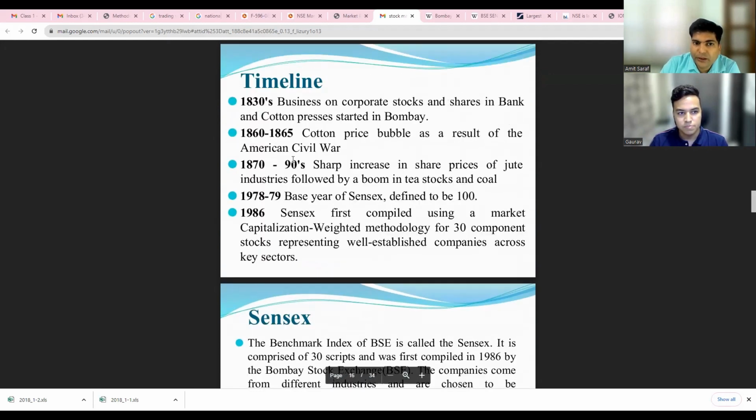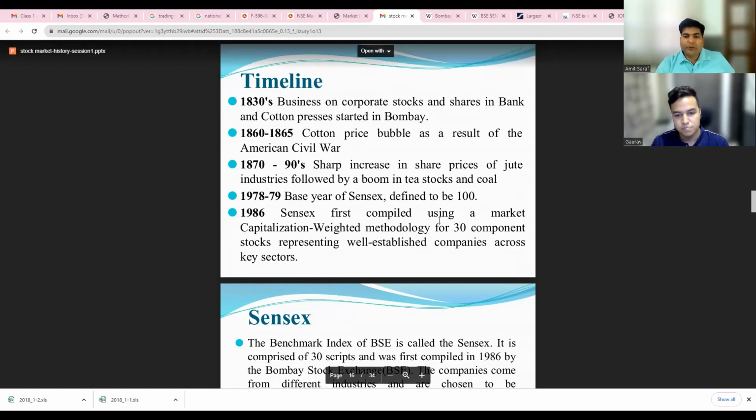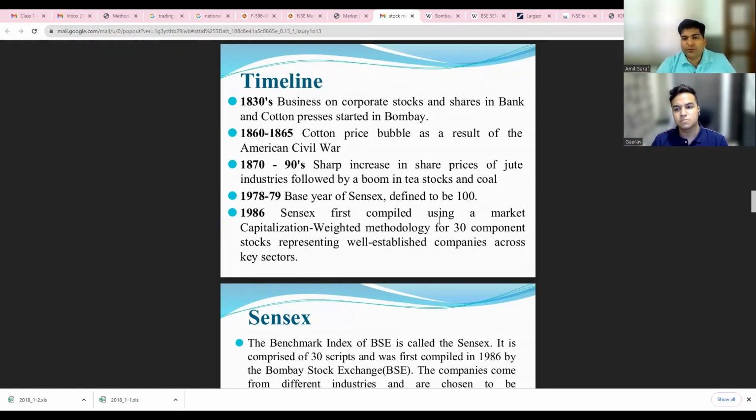See what happened. In 1986, we hear a term called Sensex. Sensex is very commonly heard, right? It was developed in 1986 with 30 components. I'm not sure, but probably they took 30 components inspired by the Dow Jones, which is again based on 30 scrips.